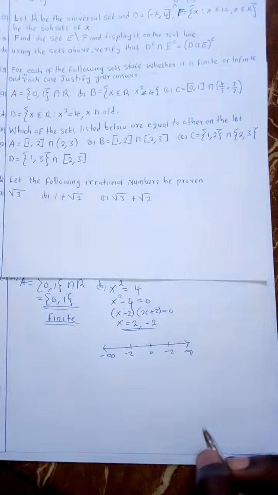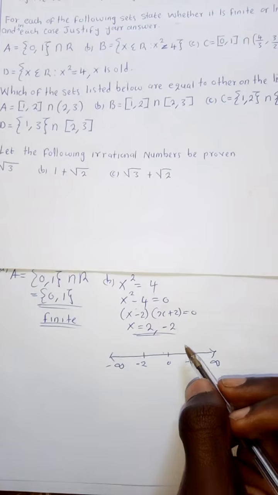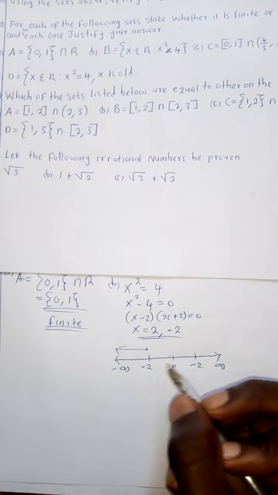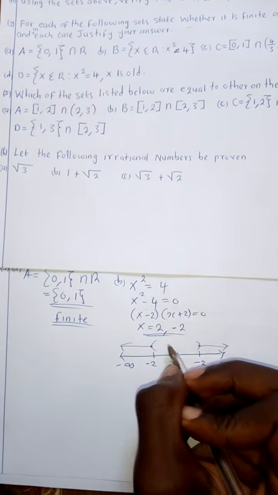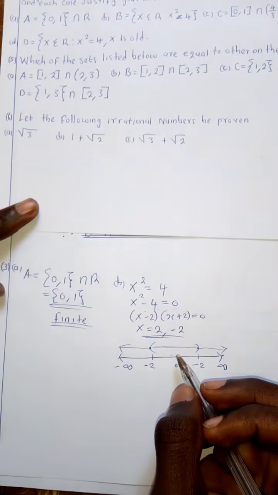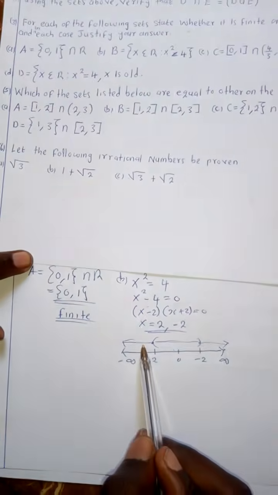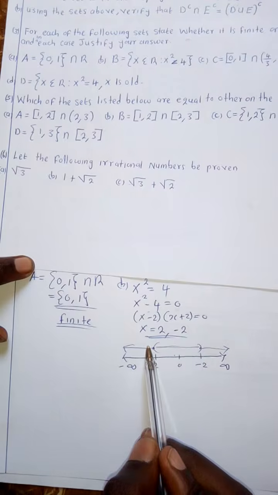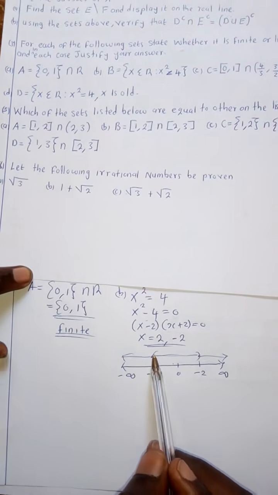So now you discover that you're going to have values ranging from this particular point to this side, values from this point to this side, and the values between these points. If you test these values in this equation, any number raised to the power 2 is not going to be less than 0 on this side, because if you get negative 8 to the power 2, it's going to be positive 64, so it won't be less than 4.